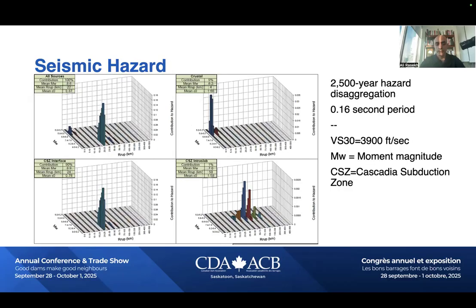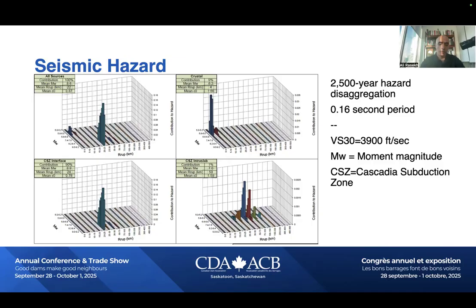Now going to seismic hazard, I have shown a little bit more information from the seismic hazard report we received from another company. This picture shows 2500-year hazard aggregation for 0.16 second period, and I have shown the other characteristics.